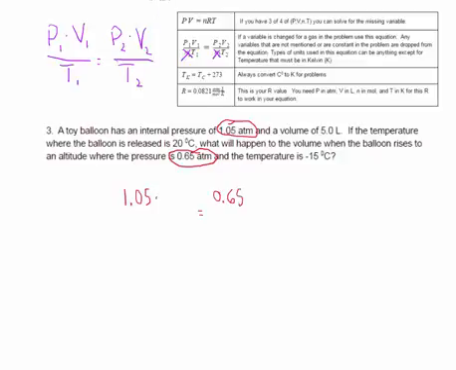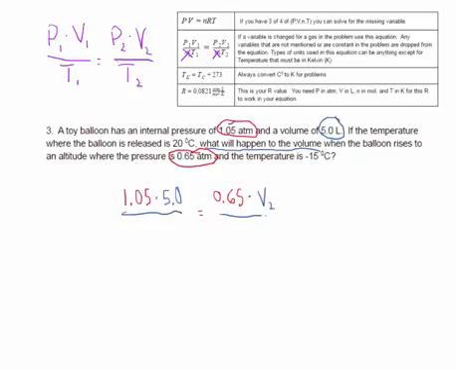And then let's look at volume. The initial volume is 5 liters, and then they want to know what will happen to the volume, so that's what we're looking for in the second part. So our volume is 5, and what we're looking for is V2.